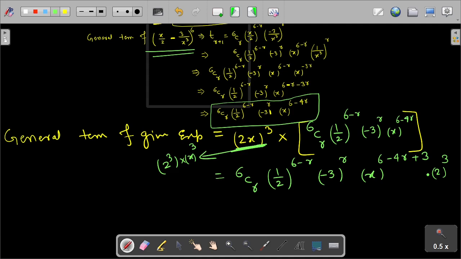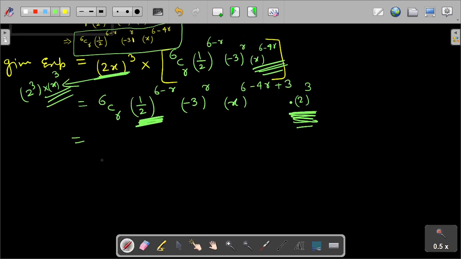So when this is multiplied, this x cube and this x raised to power 6 minus 4r will get simplified according to the law of indices. So the powers get added, isn't it? Are you getting this? And this 2 raised to power 3 remains here. So you can simplify this power and this power also, because the base may be the same. So I am doing that also.